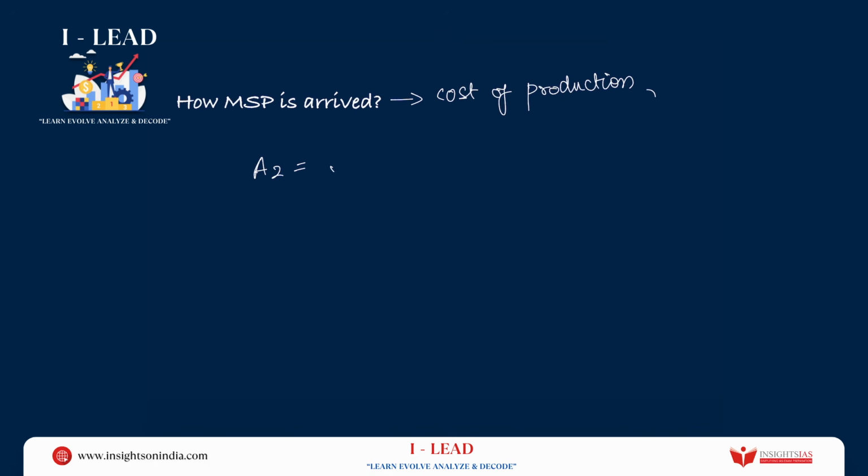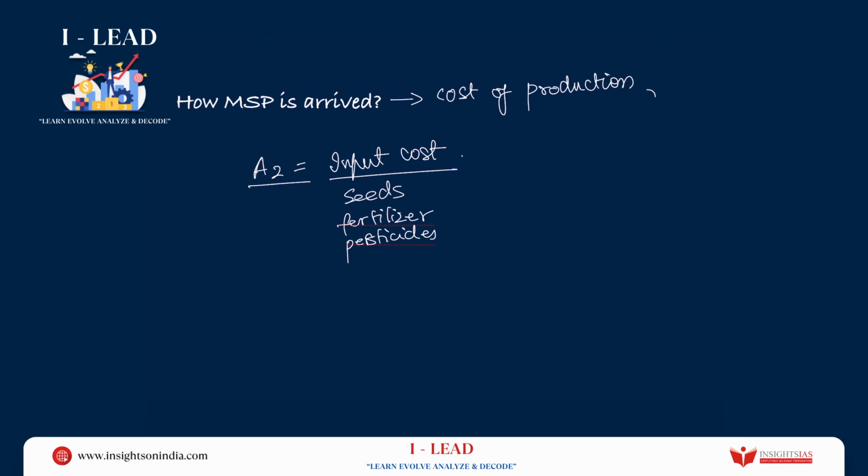A2 basically means input cost. What do we understand by input cost? It is the cost which the farmer bears for his inputs. What do we understand by inputs? It could be seeds, fertilizers, pesticides, herbicides. All of these are input costs.